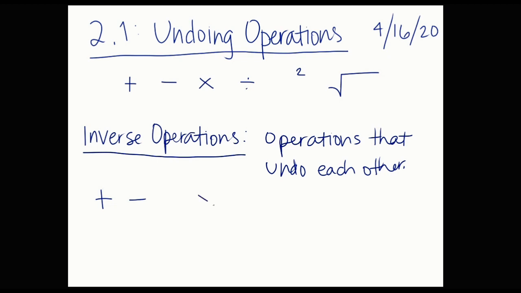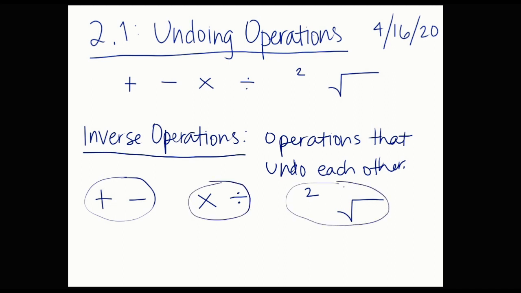The opposite or the inverse of multiplication is division. And the opposite or inverse of squaring is taking the square root in most cases. So these are the major ones that I want us to focus on today, kind of the pairs here. We probably won't get into squaring and square rooting too much, but it's good to keep them in mind.